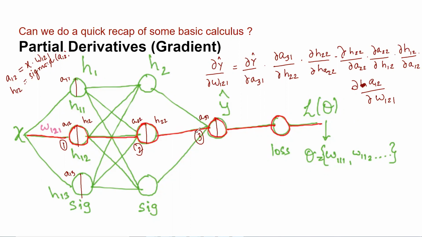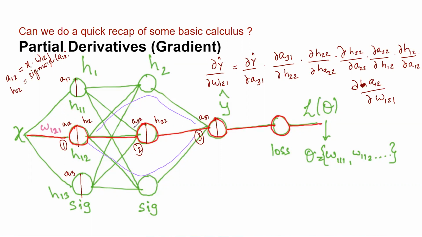We have identified one route, to reach y cap from this particular neuron, and I have written an expression for how to compute its derivative. Now there is another route also. I could have gone this way, then this way.